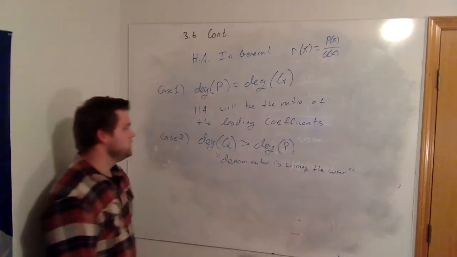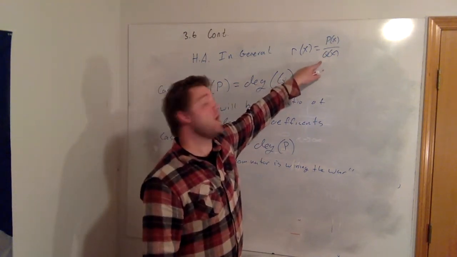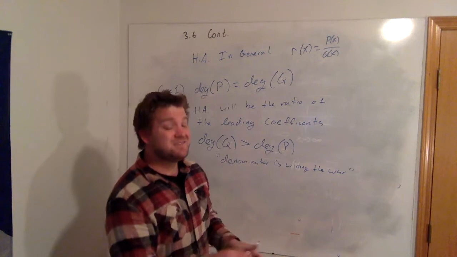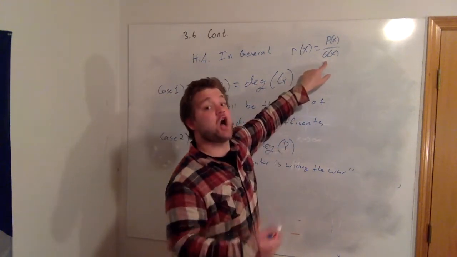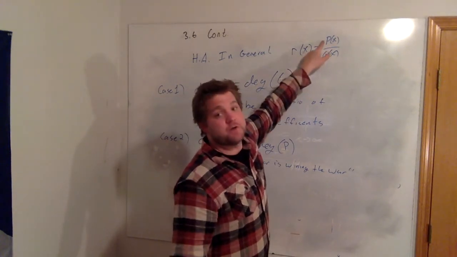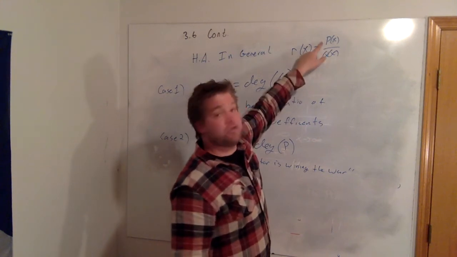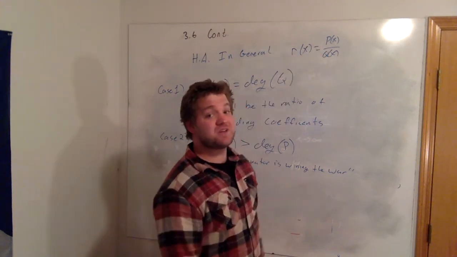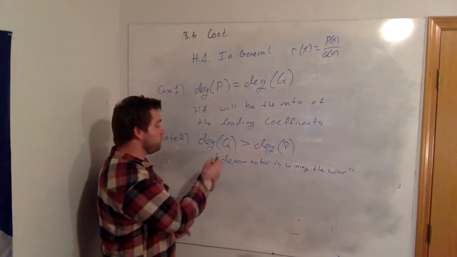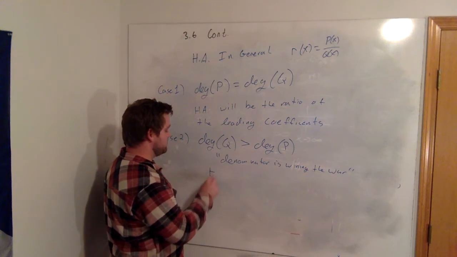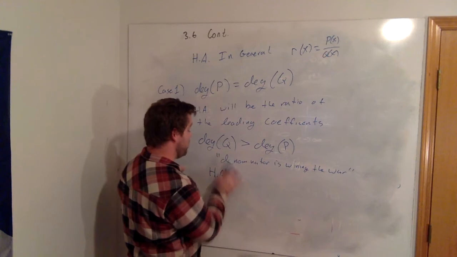If I have a larger degree in the denominator, it is going to dominate. When I plug in really large x values, the denominator is going to be getting a lot larger than the numerator. So I'm going to have a really large number in the bottom over a really small number in the top, and that's going to be a number that's getting really close to 0. So where the denominator wins the war, the horizontal asymptote is going to be y equals 0.